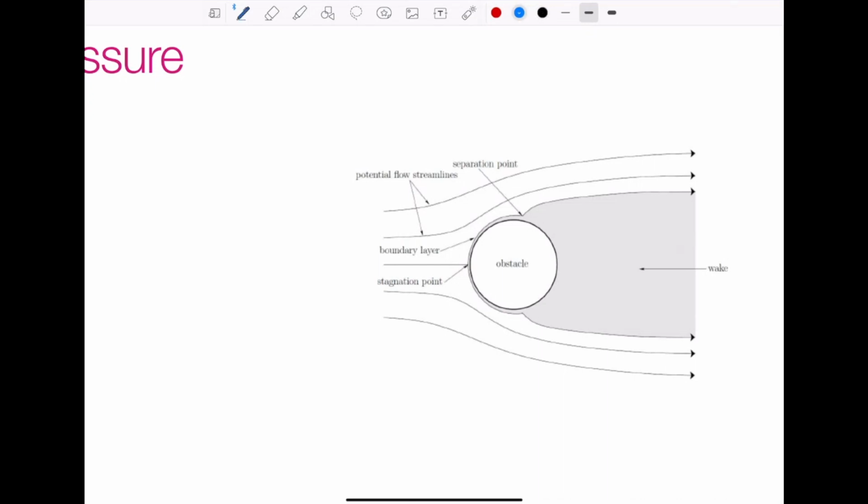So if this is our streamline, dead center of this ball that's obstructing some flow, right at this point we have our stagnation point, which is right here. That means our velocity at some point 1, v is greater than 0, and at our stagnation point, v is equal to 0.